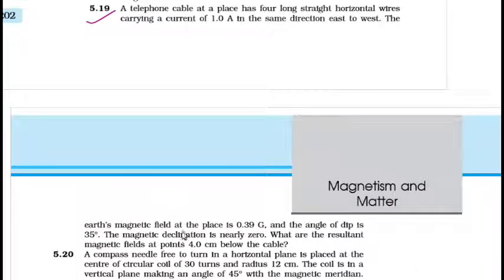The Earth's magnetic field at the place is 0.39 G and the angle of dip is 35 degree. The magnetic declination is nearly zero. What is the resultant magnetic field at 4 centimeter below the cable? Let us see the solution.